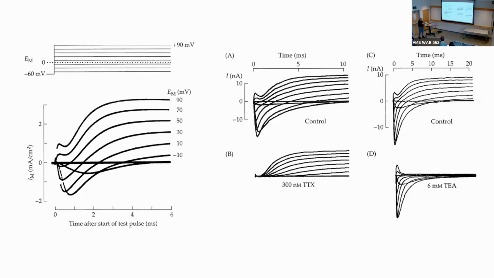When Hille was a graduate student at Rockefeller University, he began doing similar experiments using, in this case, a frog node, another sort of axon that you can voltage clamp in various ways. And he started doing pharmacology.